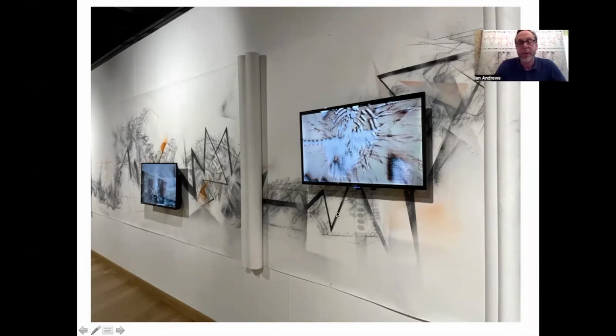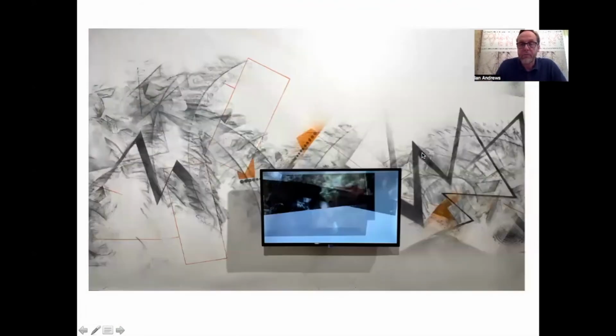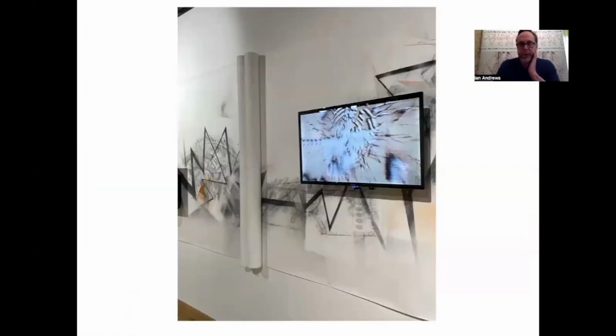And the black shapes on the drawings are referencing the shapes within the film. So there's a dialogue between the shapes here and the shapes here. And the format of the films, which I'll just show you some clips of in a moment, move. So the image moves away from the screen. You'll see it in a second.